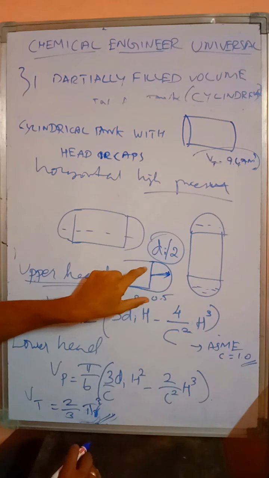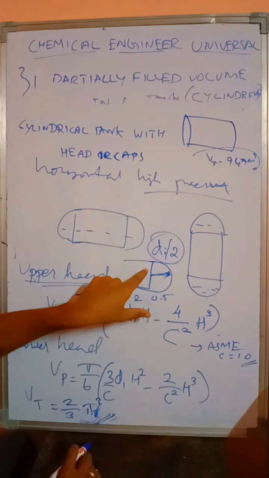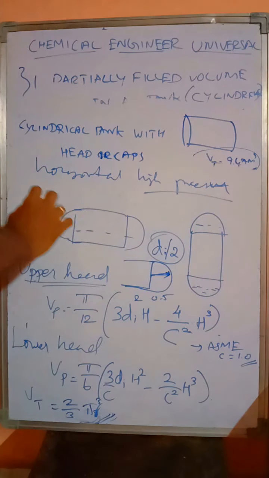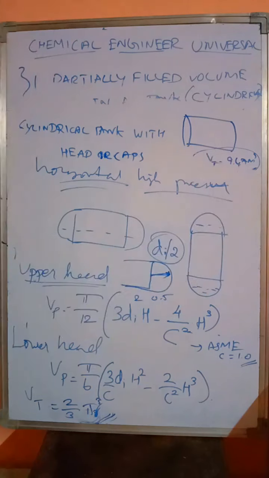It may vary slightly, but it is the general thing. So this is for horizontal and vertical types. You have seen the formulas and worked them out. Just try to work out and calculate it. Thank you guys. The next thing we are going to see is the elliptical head. So we will see that one. Thank you.